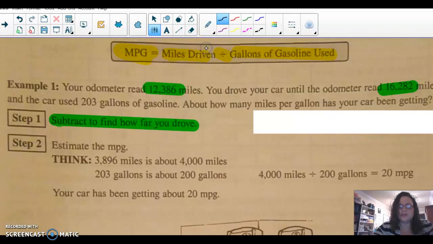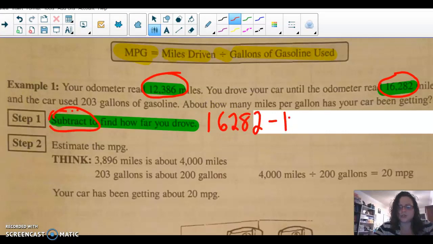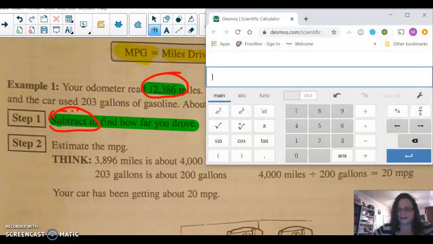So those are going to be the two numbers that I subtract. So 16,282 minus 12,386.